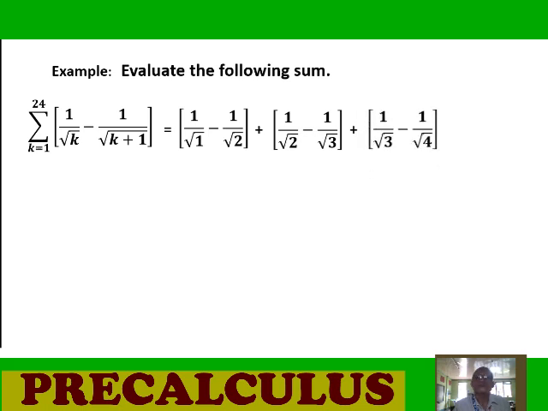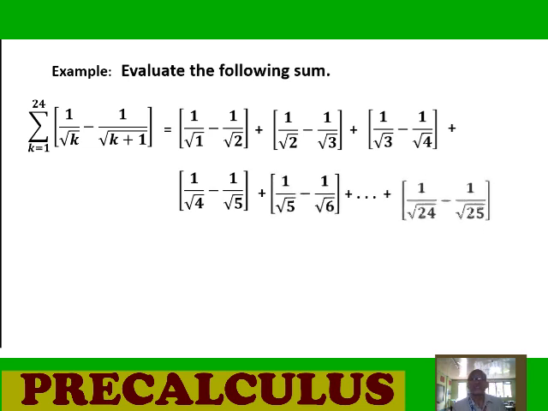With the next term, plus another term, okay, and the last term in the series is when we substitute k equals 24. Okay, there are terms which have opposite signs.